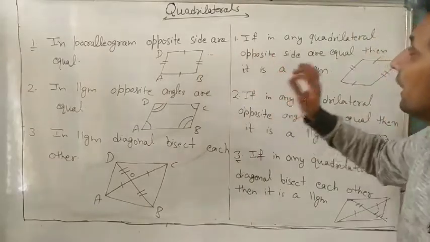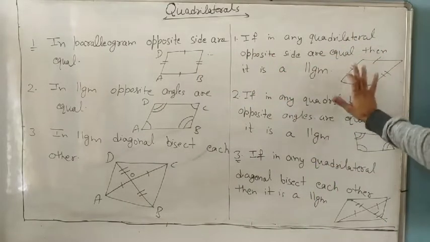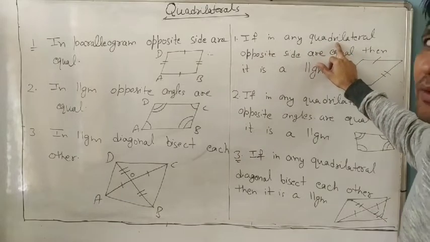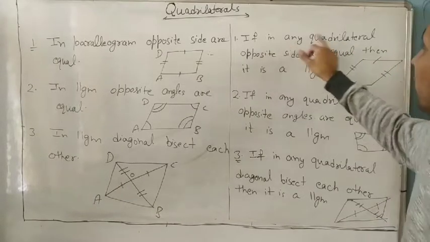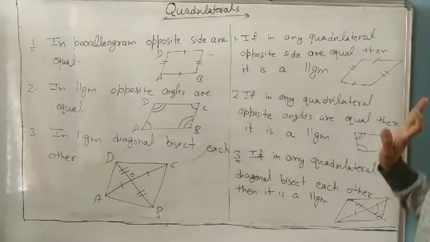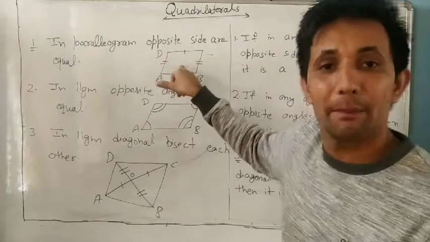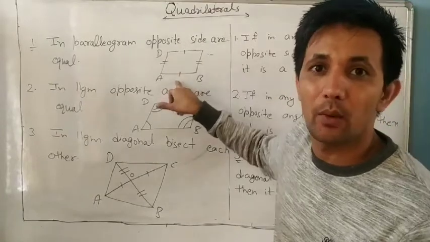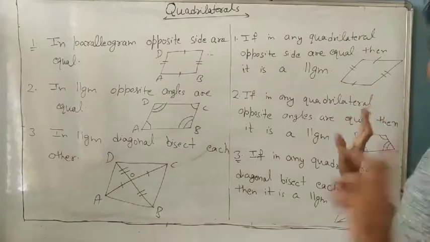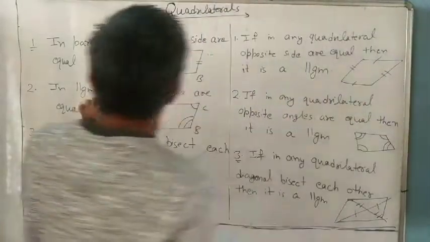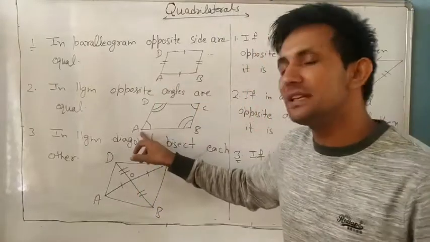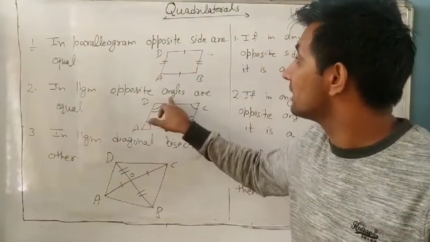Opposite of this one, if suppose you have given any quadrilateral, if in any quadrilateral opposite sides are equal, then it is a parallelogram. If it is a parallelogram, opposite sides are equal. If opposite sides are equal, it is a parallelogram. Only remember this one.